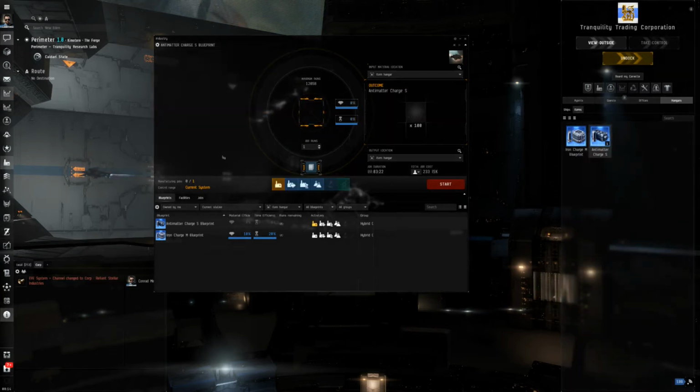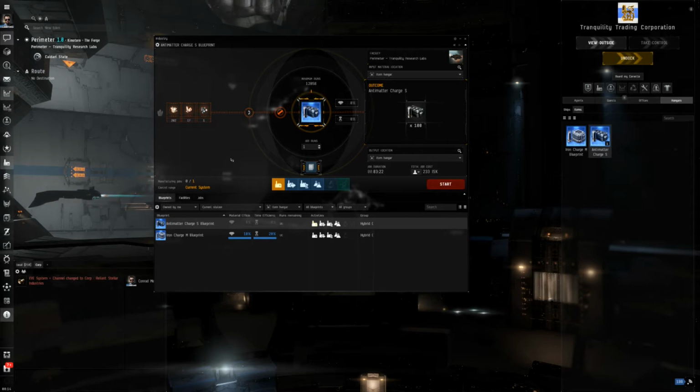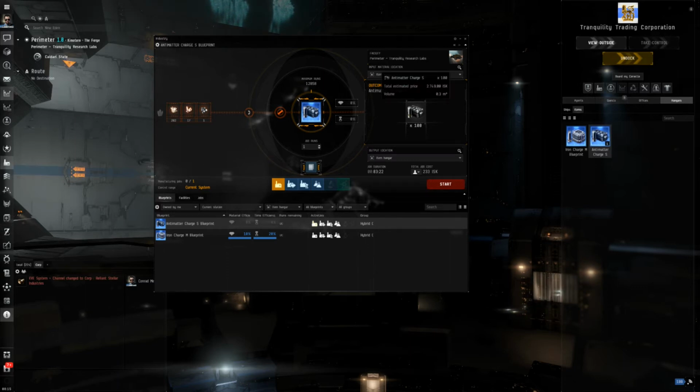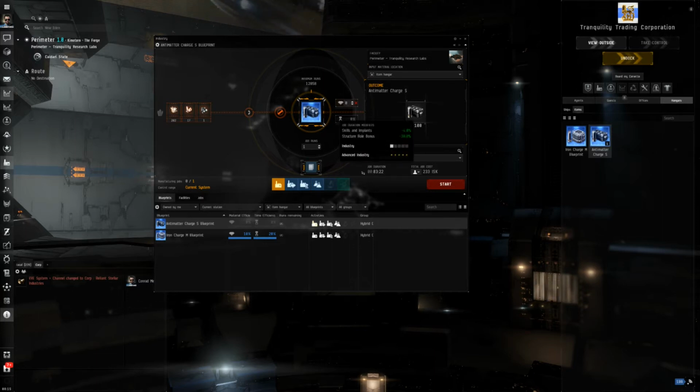To show you this, I have an unresearched blueprint here in this station, and if I would do one job run of this antimatter charge S blueprint, I would need this amount of input materials and I would receive 100 antimatter charges. It would take 3 minutes 22 seconds to do that.